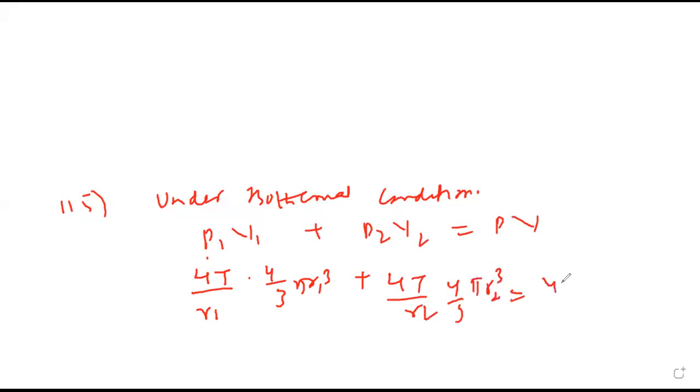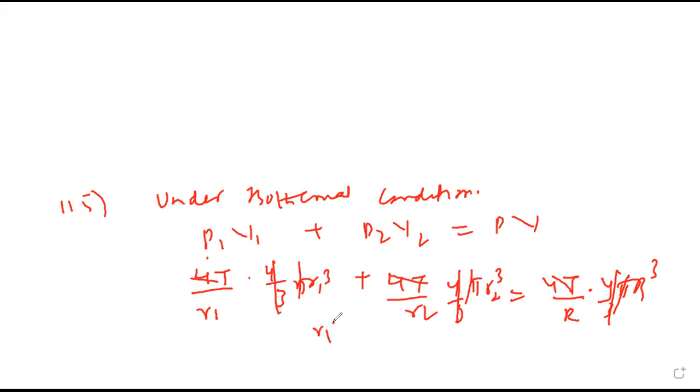This equals 4T upon R, the resultant, into 4 by 3 pi R cube. So under isothermal means it obeys Boyle's law: first pressure volume, second, is total. So throughout we can cancel 4T, 4T, 4T, 4 by 3 pi, 4 by 3 pi, 4 by 3 pi.